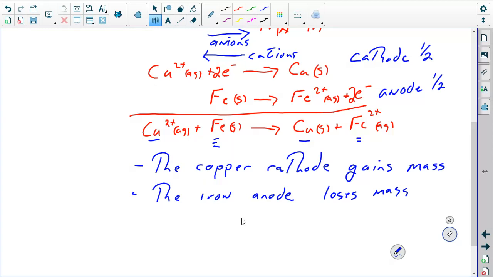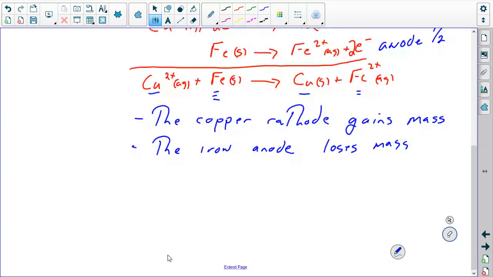There is one other thing that you can see as this reaction takes place. Go to the back of your data booklet and tell me what the color is of copper 2 ions. So copper 2 ions in solution are blue. That was kind of what I showed you yesterday. So I'm using up the things that cause the blue color.